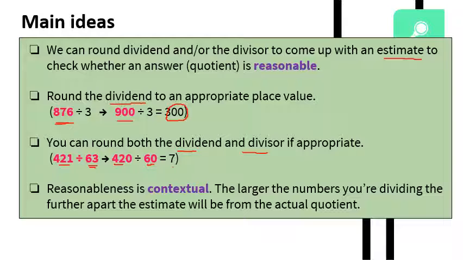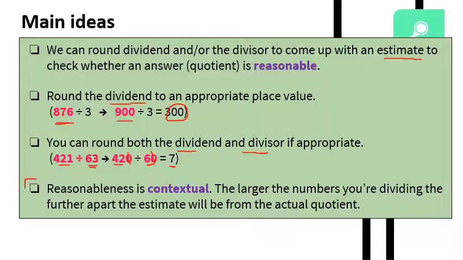And my answer is 70 because 42 divided by 6, and then because I'm dividing by a tens, I just need to scratch off these zeros. And that's what the quotient is. It's 7. It's basically saying 42 divided by 6 is 7.